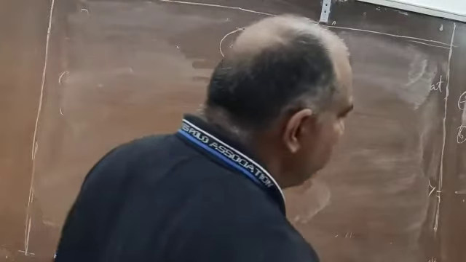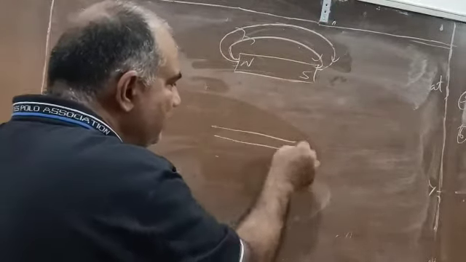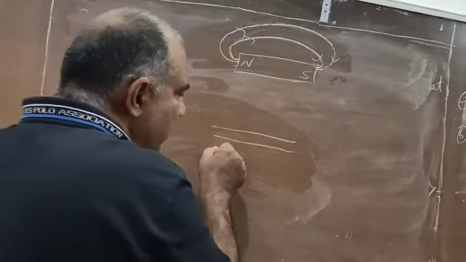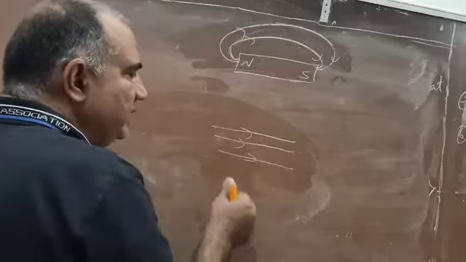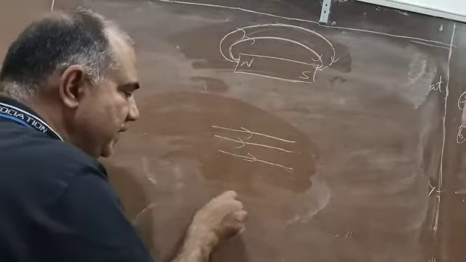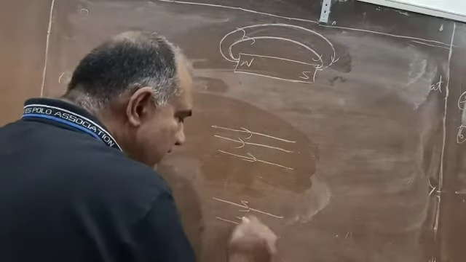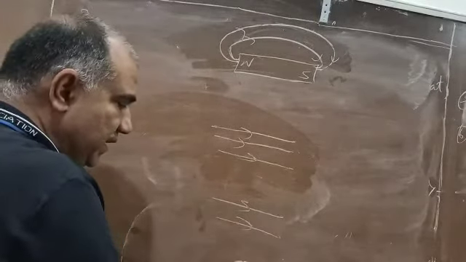And one more point we are left with is that if magnetic field lines are parallel to each other and also equidistant, both points are important. They must be parallel and also equidistant. If it is like this, with one distance here and another distance there, they are parallel but not equidistant.